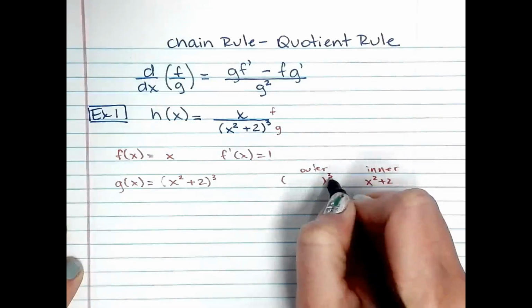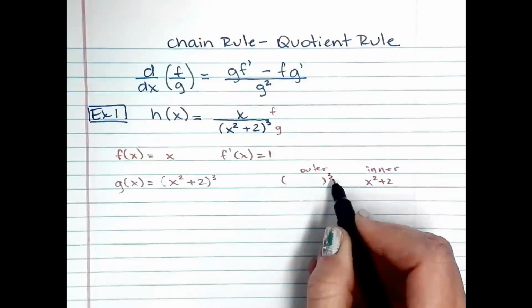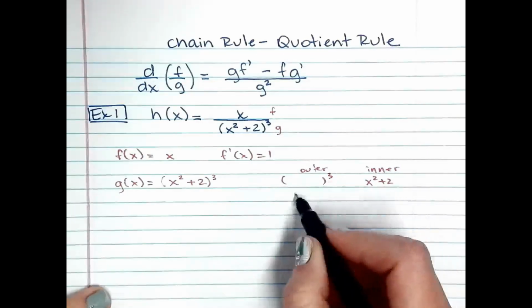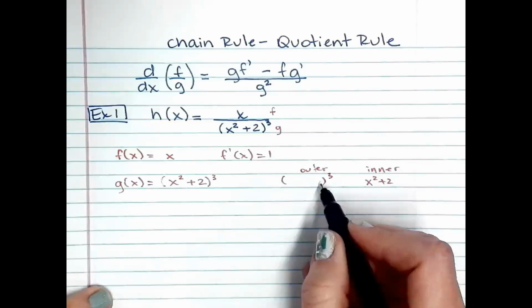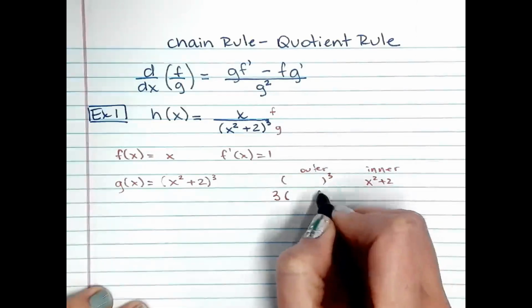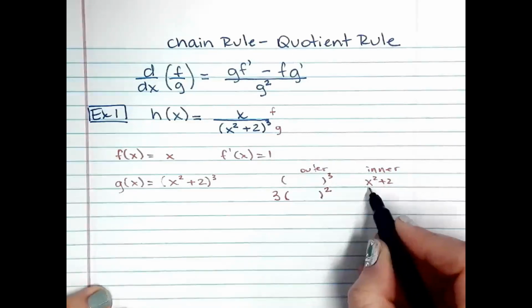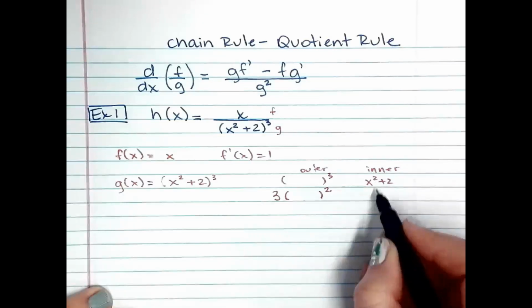So the outer function is just to the third power, and I will apply the power rule to find the derivative of the outer function. So the 3 goes on the outside, multiplying, and then you take away 1 from the exponent, that makes it 2. Then find the derivative of the inner function, again applying the power rule.